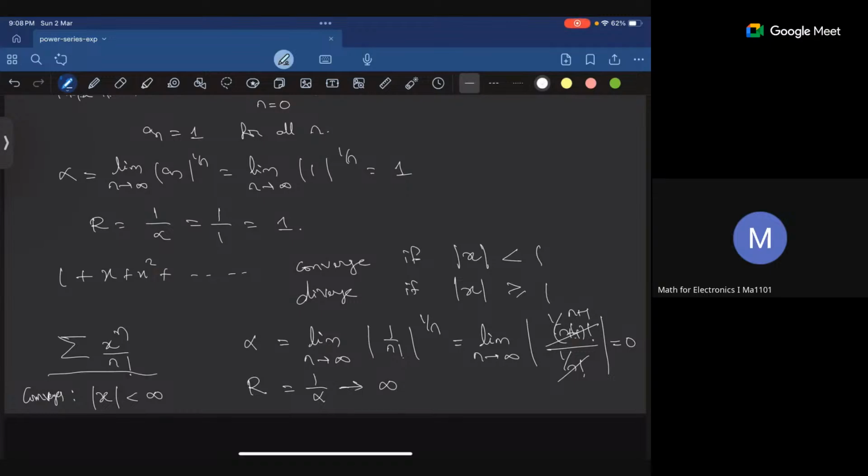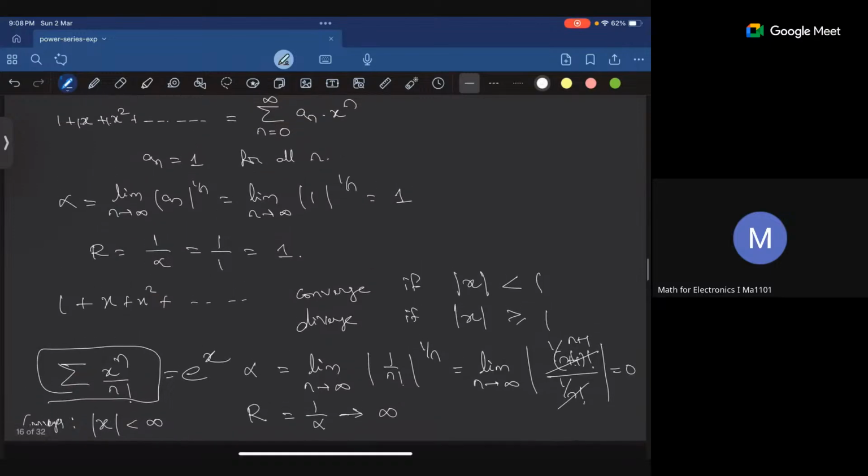This particular series always converges, no matter what the x value is, from minus infinity to plus infinity, for any value of x. And that is what we define as e power x. So e power x is defined from minus infinity to plus infinity, irrespective of the x value.